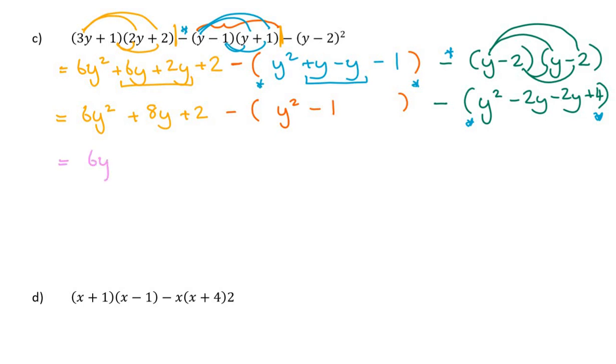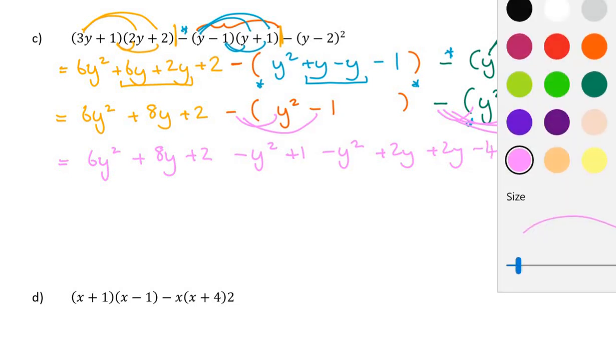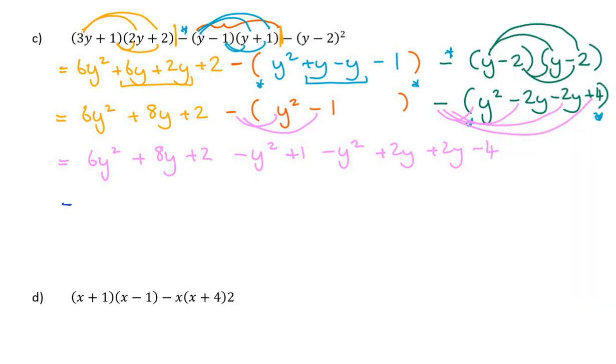So 6y squared plus 8y plus 2 minus y squared, this is why you needed the bracket, plus 1. Now minus y squared plus 2y and minus 4. Sure, and finally I can do my like terms.